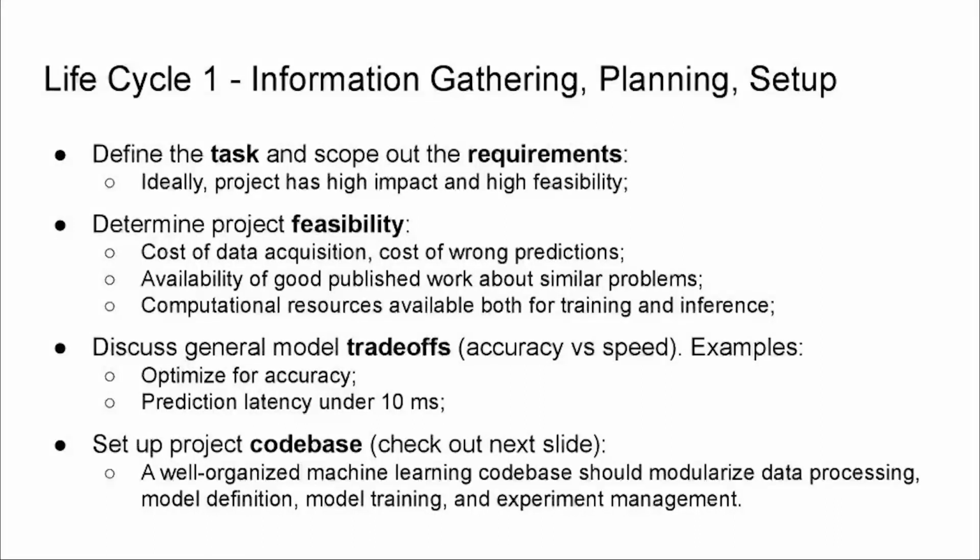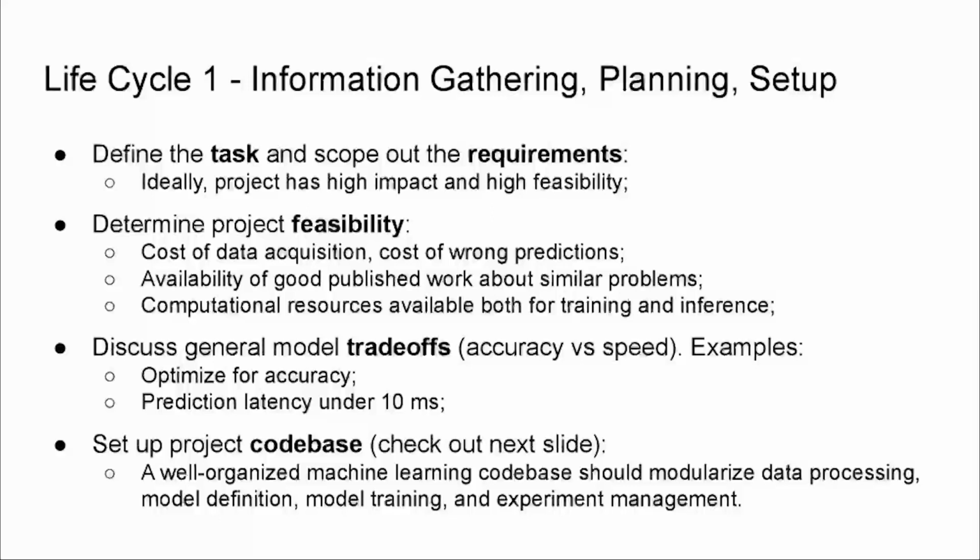Mental models for evaluating project impact would be to look for places where cheap prediction drives large value, or look for complicated rule-based software where we can learn rules instead of programming them. Also, some useful questions to ask when determining the feasibility of a project are the cost of data acquisition, the cost of wrong predictions, the availability of good published work about similar projects, and the computational resources available both for training and inference.